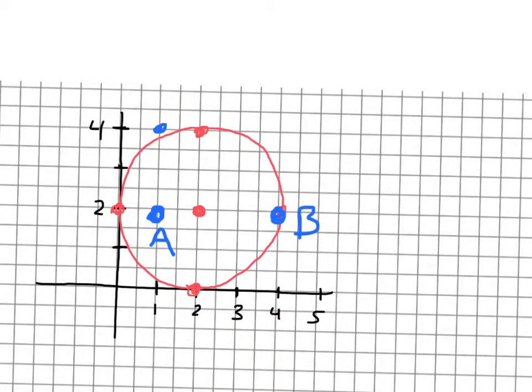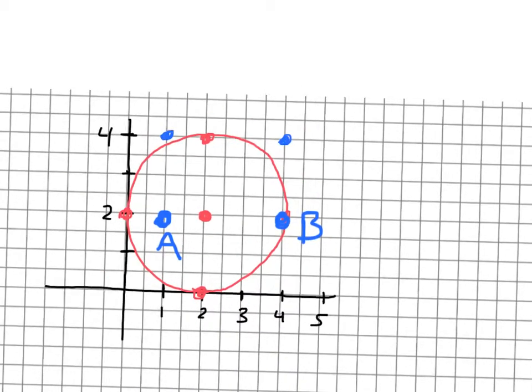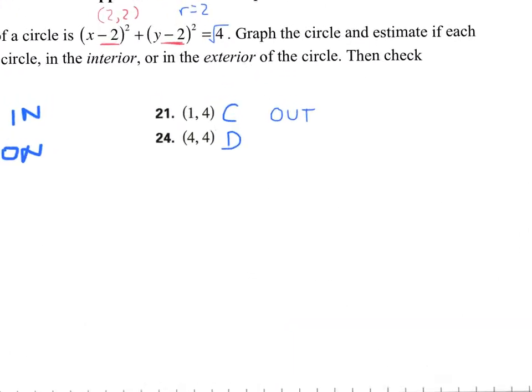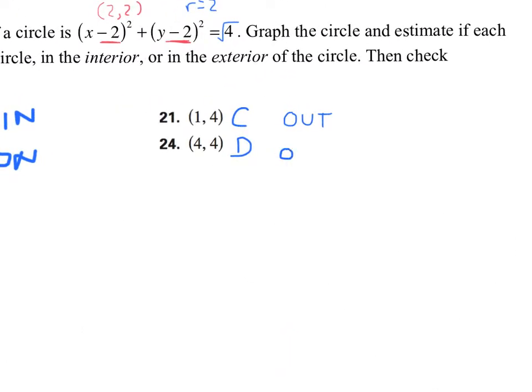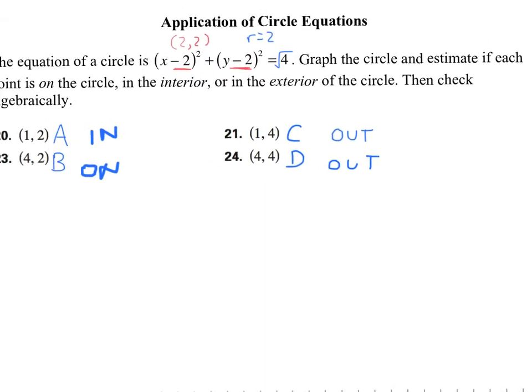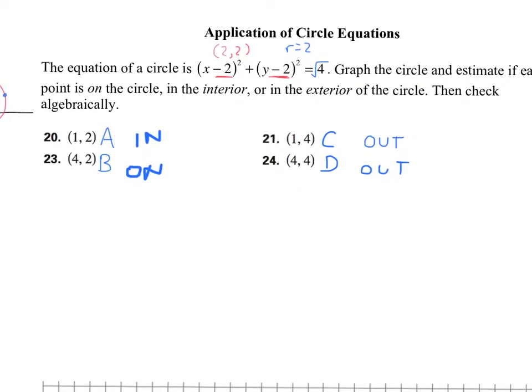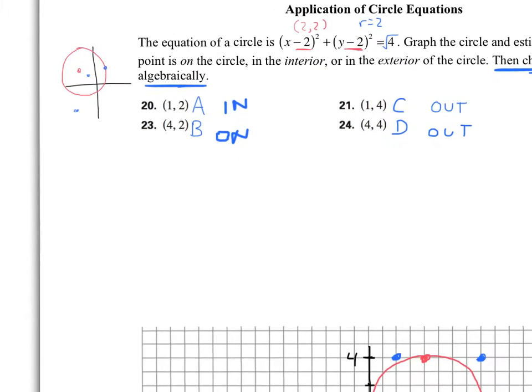Where does 4, 4 live? 4 is right here, and that's the same situation, but this one looks a little bit more obvious that it is outside. So what we're now going to do is check algebraically like it says here. So the clear ones, we can tell clearly A here is inside, and clearly D is outside. The other two are close enough that I could have made a mistake. So that's why we're going to check algebraically.